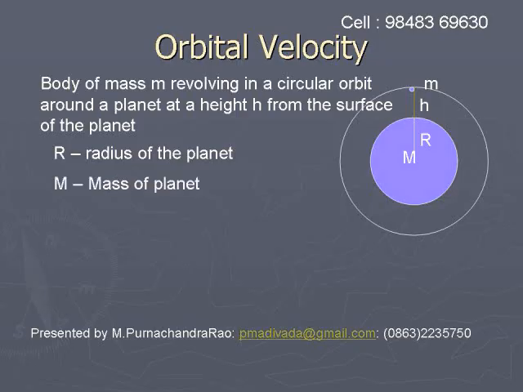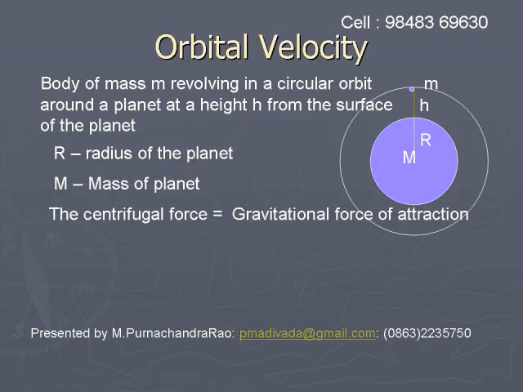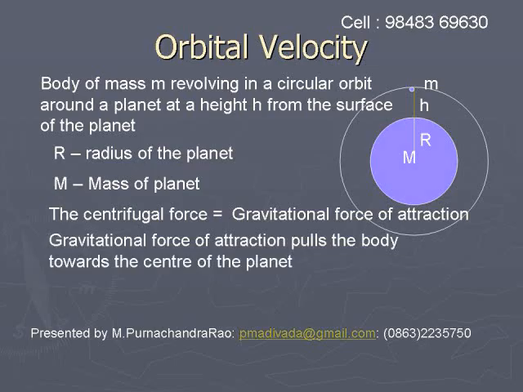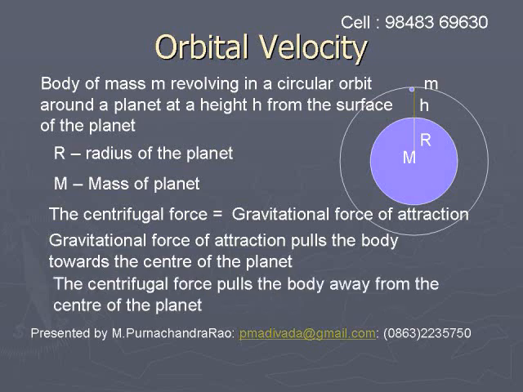When it is in circular orbit, it is acted on by two forces. One is the gravitational force of attraction, which pulls the body towards the center. The other is the centrifugal force, which pulls the body away from the center. When these two forces are equal, the body revolves in a circular orbit.